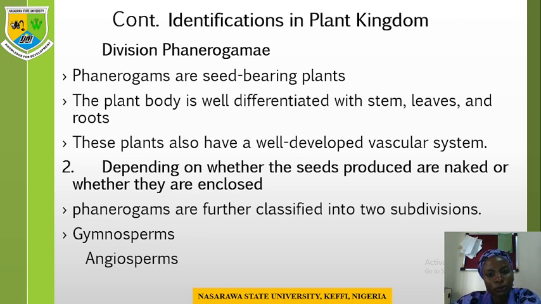Now, under plant identification, you can also identify plants on whether the seeds produced are naked or whether they are enclosed. Phanerogams are further classified into two subdivisions. We have the gymnosperms and the angiosperms. That is depending on the seeds.